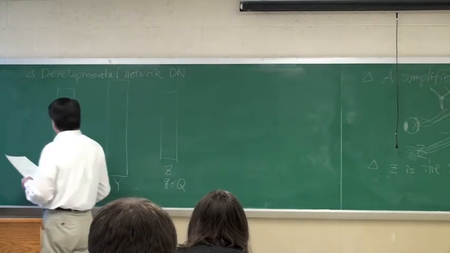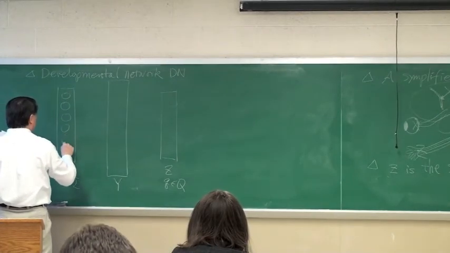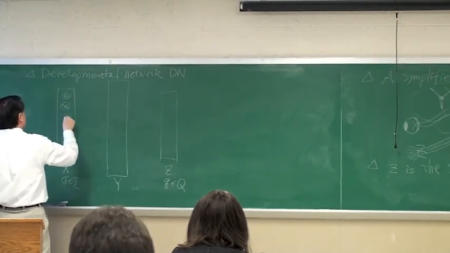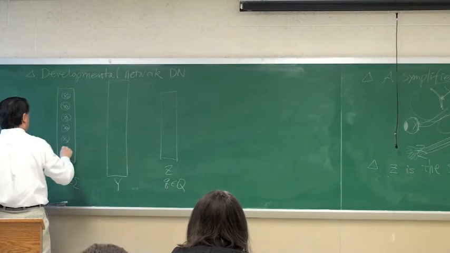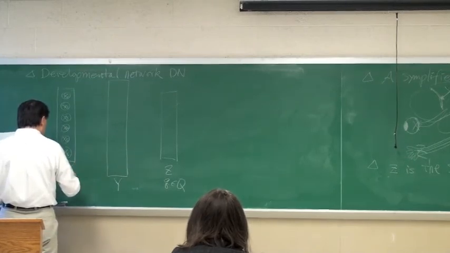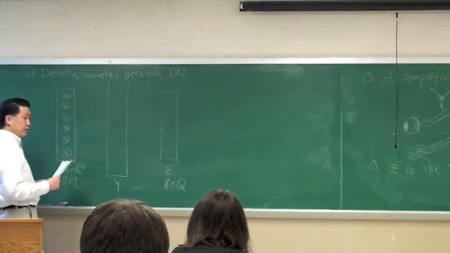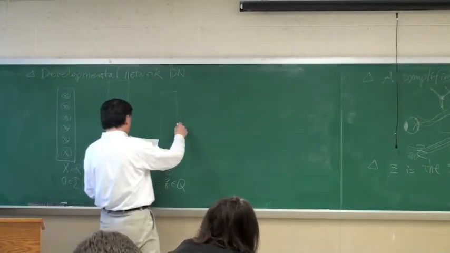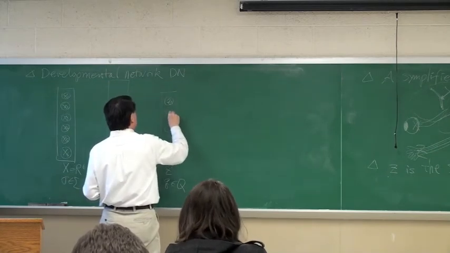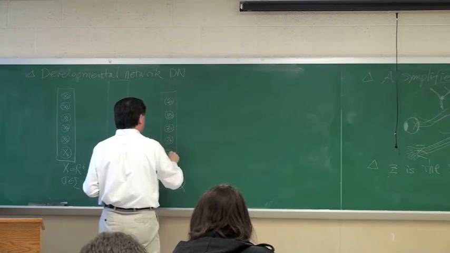Now assume that we have 6 neurons, called X1, X2, X3, X4, X5, X6. So X equals 6 neurons. Then on this side we have 5: Z1, Z2, Z3, Z4, Z5.